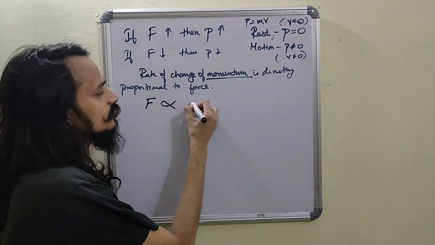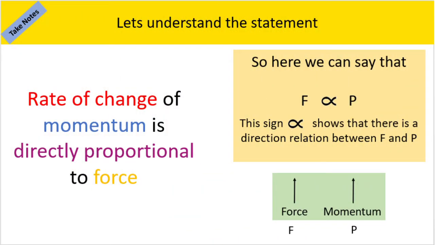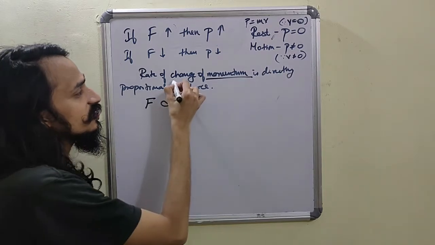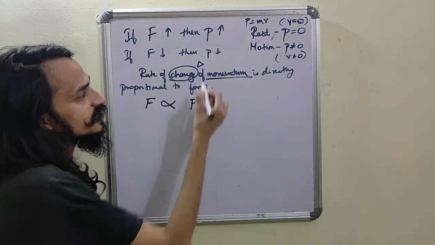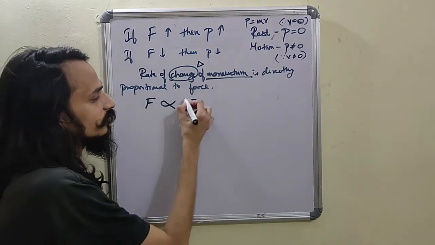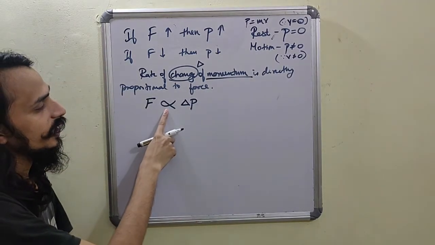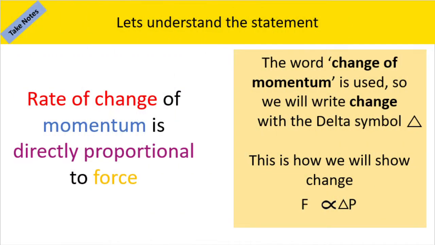Momentum is P. Now when they are saying change of momentum, for putting a symbol to change, we put a triangle. So force is directly proportional to change in momentum.